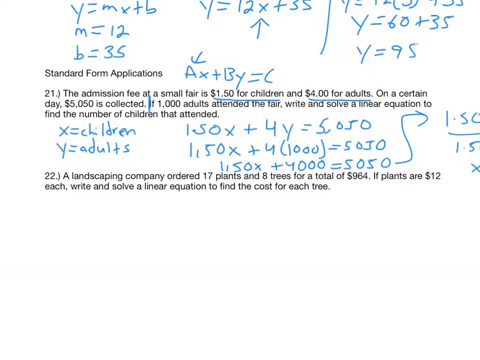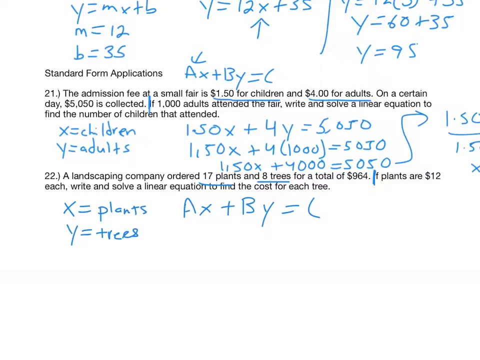Last, number 22. A landscaping company ordered 17 plants and 8 trees. So two things. We're talking about plants and trees for a total cost of $964. Let's stop right there. So x is going to represent plants. Y is going to represent trees. Remember, it's ax plus by equals c.